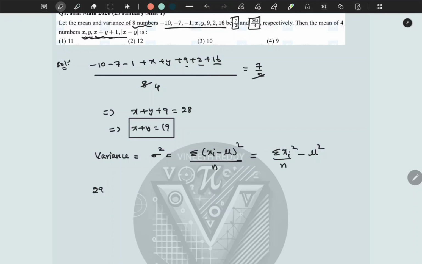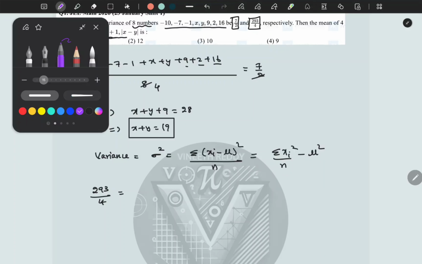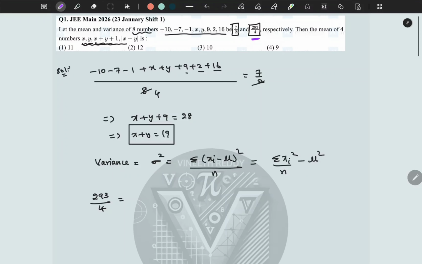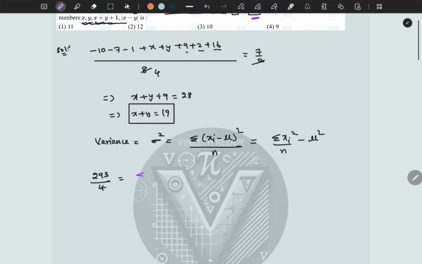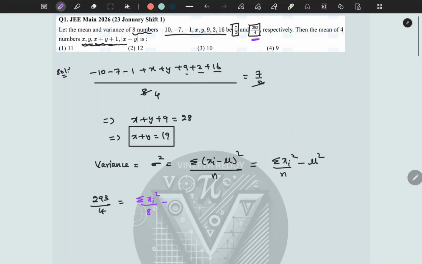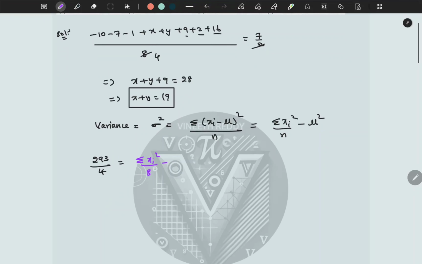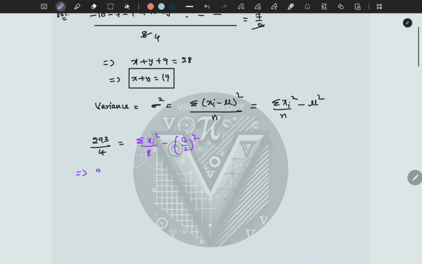So he has given that the variance is 293 divided by 4. So that should be equal to sigma xi square divided by the number of observations, 8, minus the original mean, dear students, which is 7 by 2, so here we write 7 by 2 whole square. Now we have to find sigma xi square.